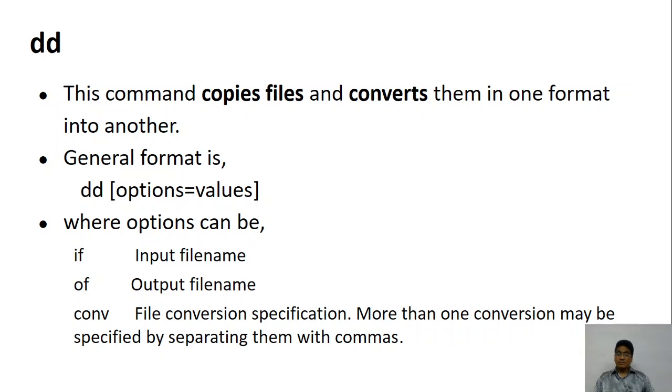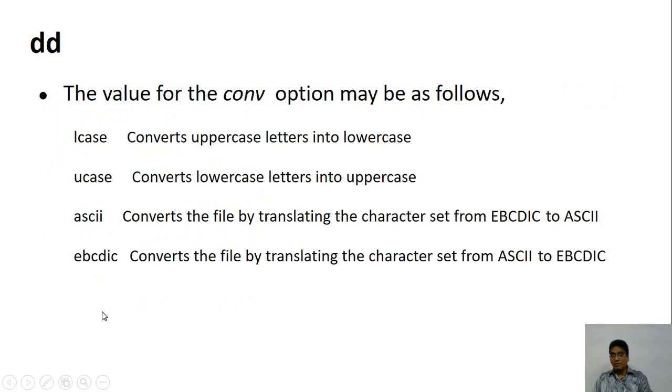So let's look at what this command will do. dd is a very simple one. You specify the input file, then the output file, then the type of conversion that you want to perform. Only a few conversions are shown here, and those are lcase and ucase. lcase is lowercase, ucase is uppercase.